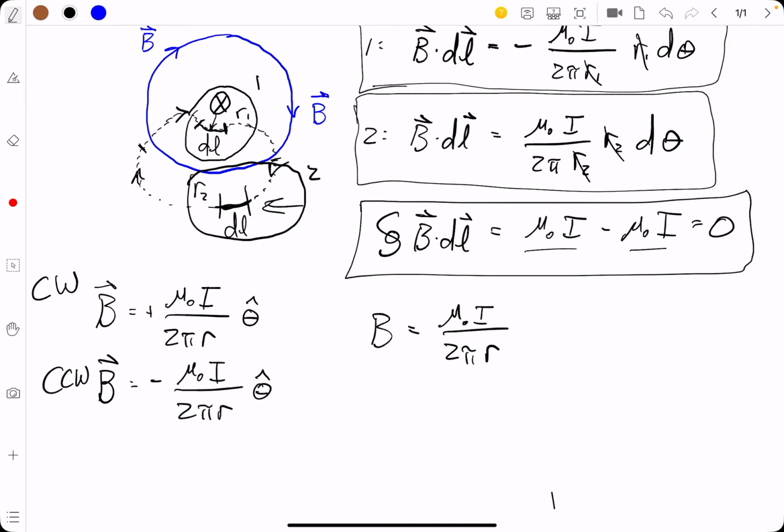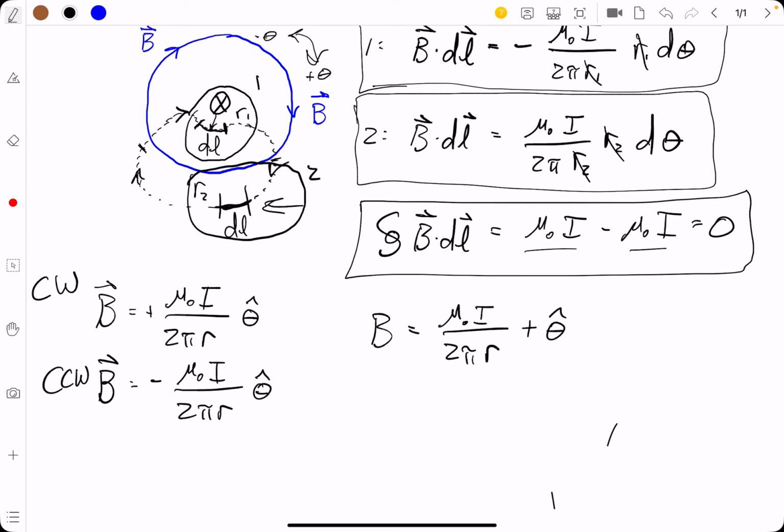Then we look at which way our current is flowing. We put our thumb along the current and our fingers point in the direction of the B field. In our situation, putting my finger along there, I get a positive theta hat. We're going clockwise and I'm defining this to be positive theta and this way to be negative theta.